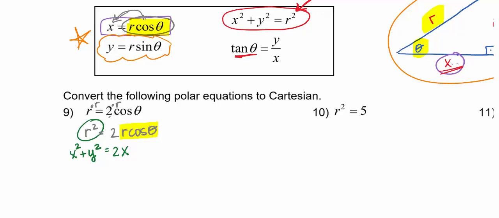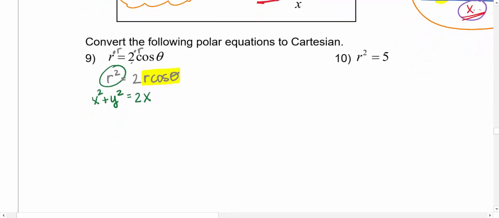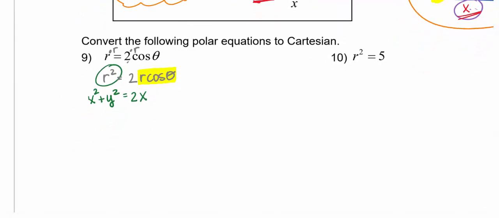We should recognize that this is a circle. So I can put this in the form of a circle so that I can see what my center and my radius are. For example, I could subtract 2x, and then I can complete the square to figure out what the center and radius are.